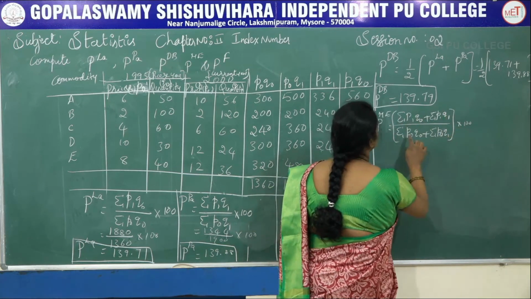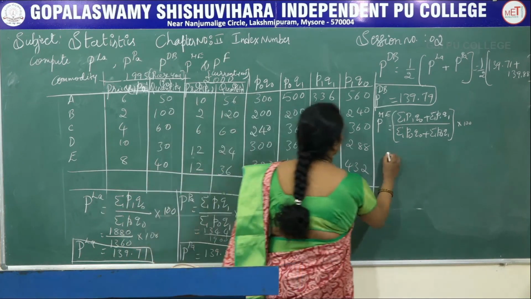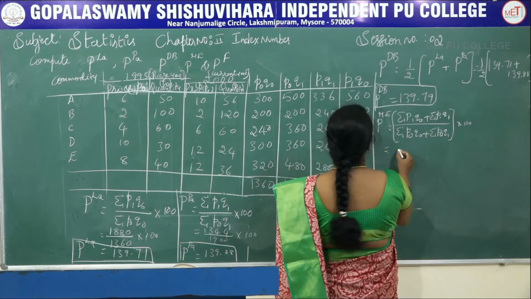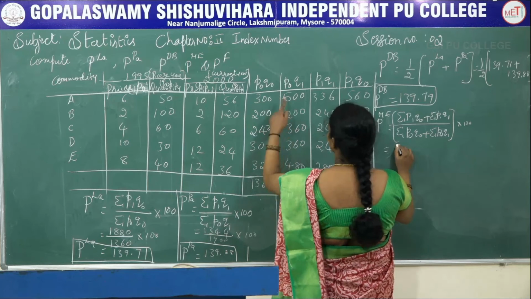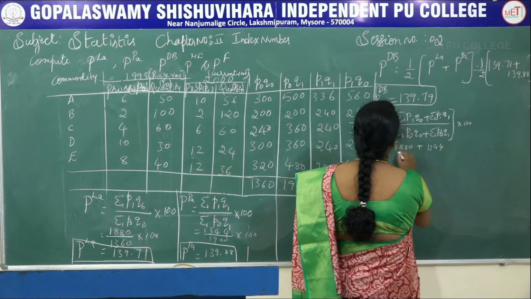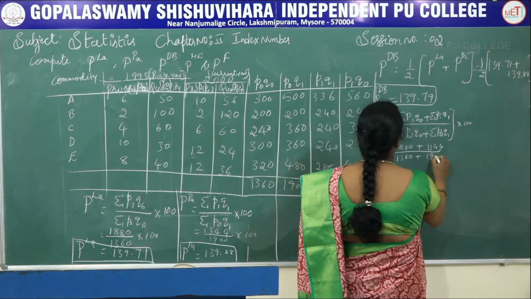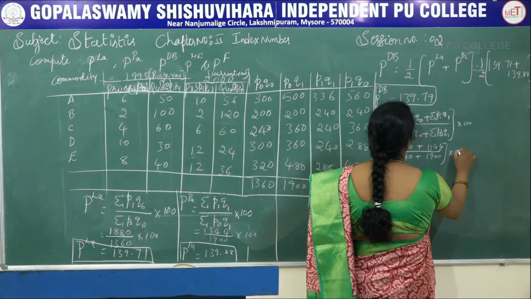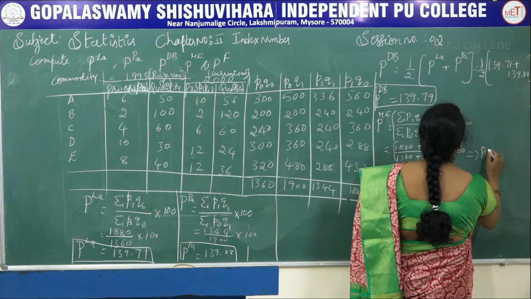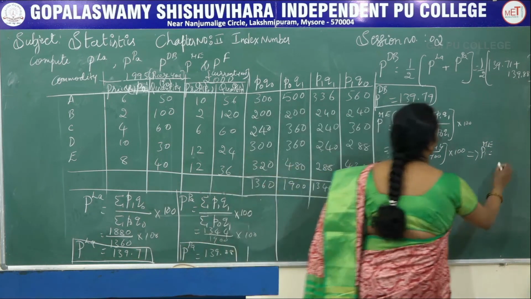After calculating these things, at last we should multiply that by 100. This is again the substitution: 1880 plus 1344 divided by 1360 plus 1900 into 100. So P of ME, Marshall-Edgeworth, is again 139.79.